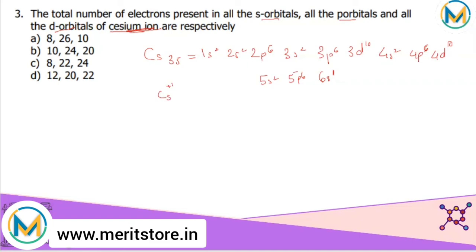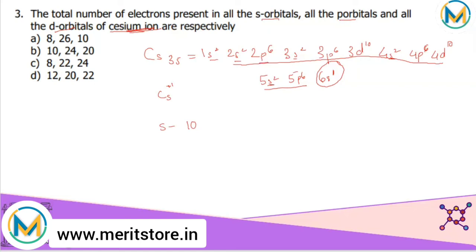So this one electron will be removed and the rest will be the configuration for cesium ion. Let's count the total number of s orbital electrons, p electrons and d electrons. So this 2 plus 2, 4, 6, 8, 10. So s orbital electrons we have 10. Look for p.